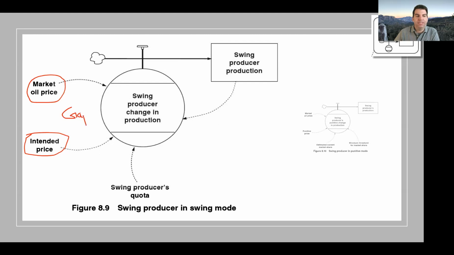And based on the gap between the two, a simple negative feedback loop changes whether they dump oil onto the market or they take oil out of the market. And so this will end up effectively being a balancing feedback loop that tries to regulate the market oil price to the intended oil price, just like the Federal Reserve Bank dumps money onto the market or takes money out of the market to regulate interest rates. It's just a balancing feedback loop.